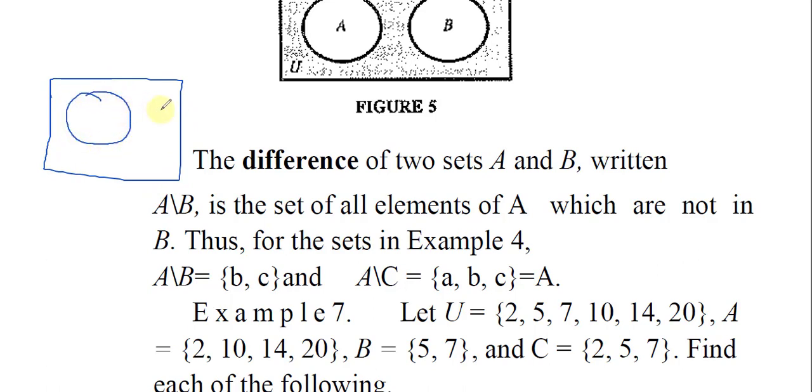We have the set A and set B. This is A, this is B. And the difference between them is A difference B. This is the set of all elements of A which are not in B, this one.